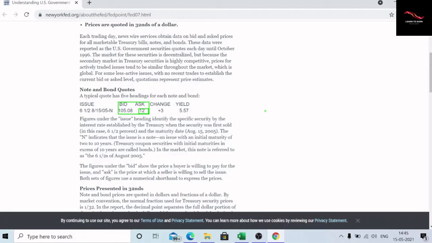Now, as a common man, we might interpret it as $105.08. But no, it is not 8 cents. It is 8 by 32, because here the prices are quoted in 32nds of a dollar. So 1 by 32 we have to use. So here if it is 8, it should be 8 by 32.